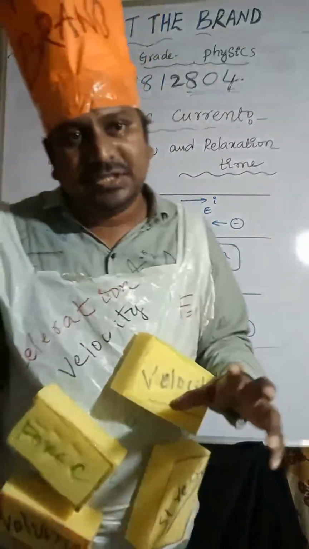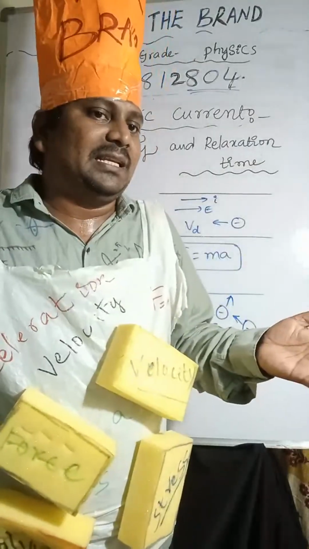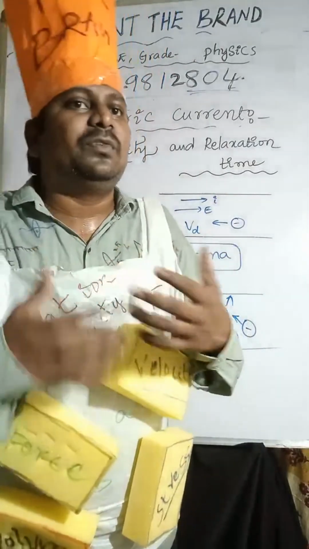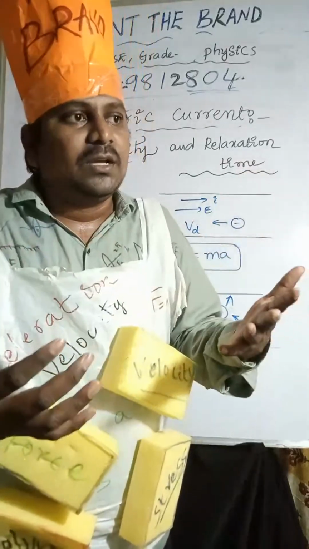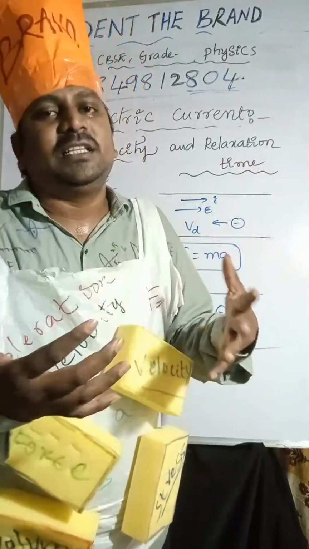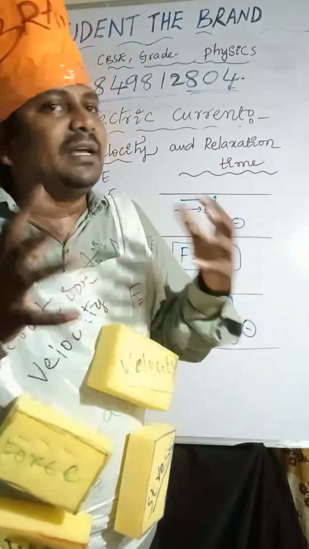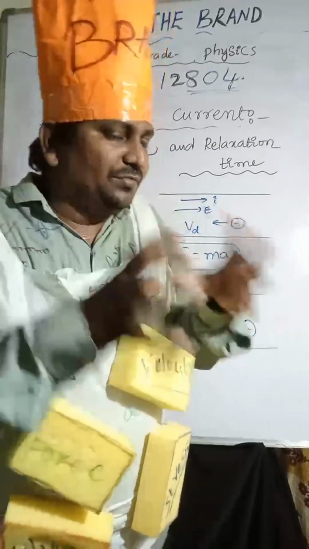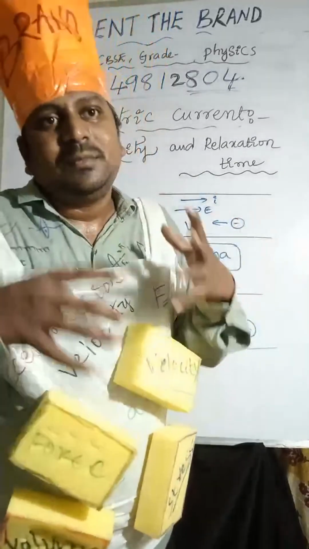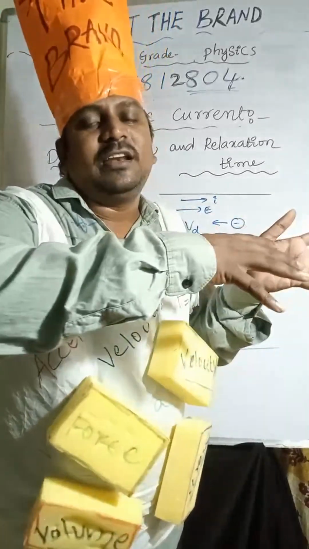Coming to the relaxation time. What is the relaxation time? We know the drift velocity: electrons move with different velocities in a conductor and after collision it changes. There is a time gap between one collision and another. Collisions take place because electrons are moving side by side in one direction in a closed conductor.